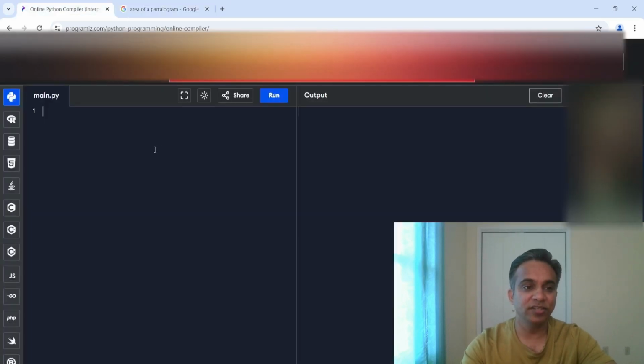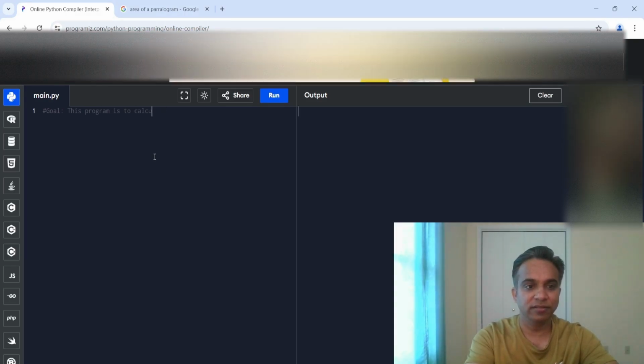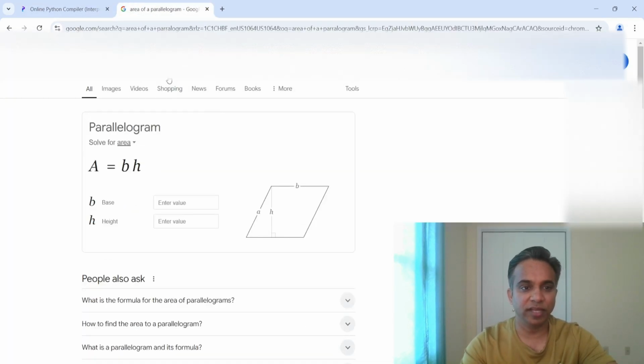In this case, our goal in this program is to calculate area of a parallelogram.